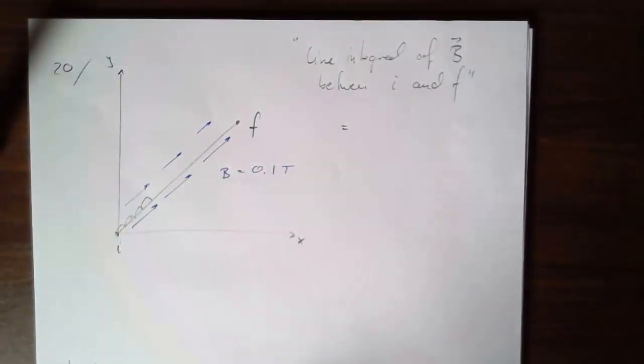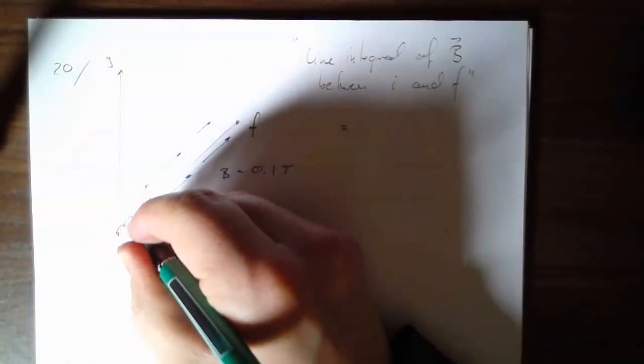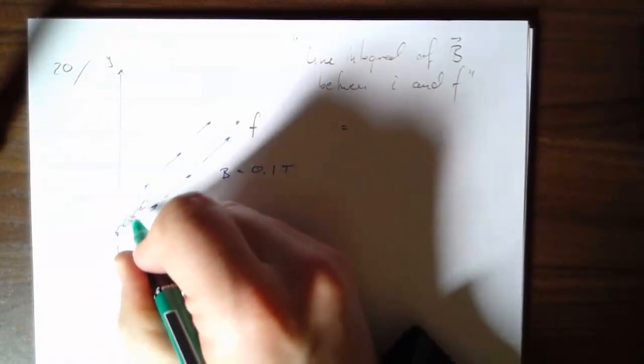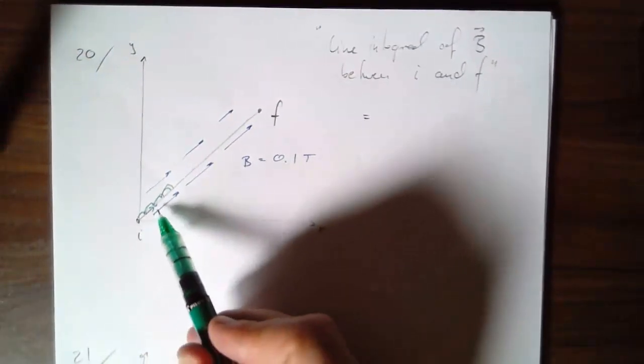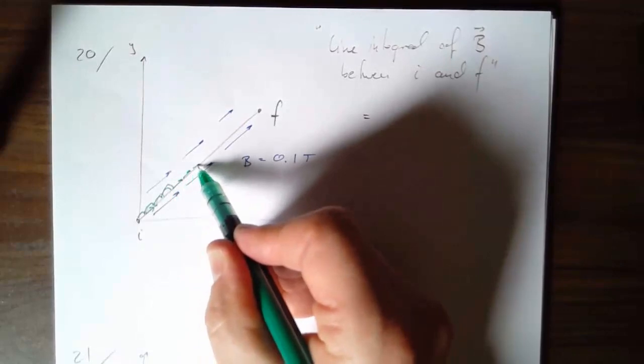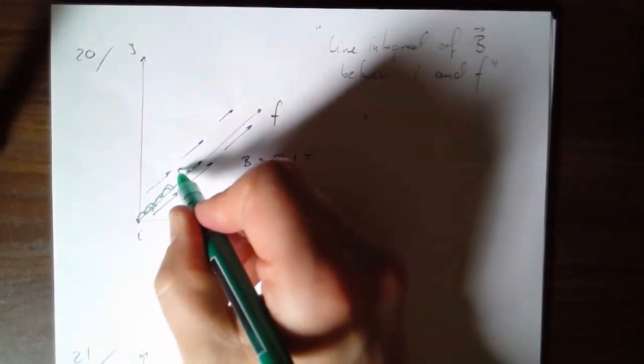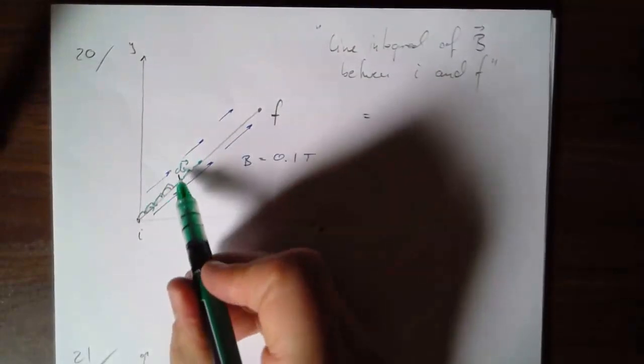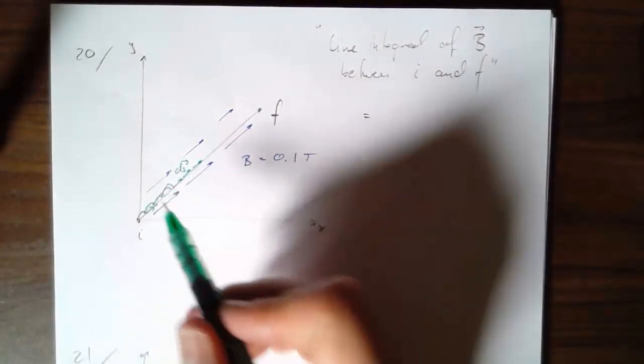Let me use a color for that, maybe green. The steps I'm taking are tiny, straight little steps. Each little step is a little vector ds. I call it little d because I imagine it to be infinitesimally small.